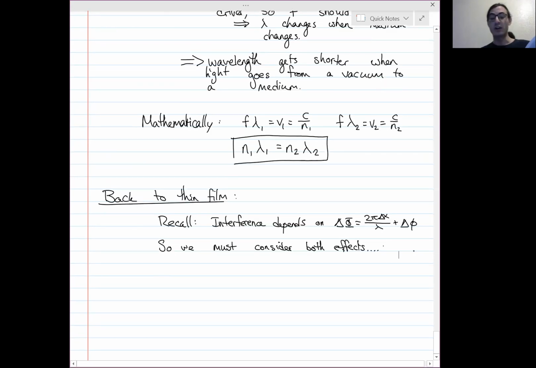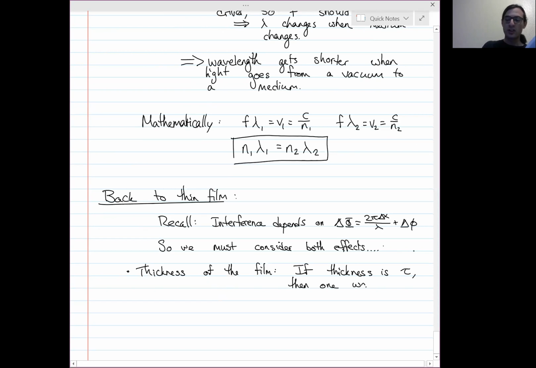But there's another subtlety here. The thickness of the film plays a role. So if the thickness is tau, Greek letter for t, then one wave travels 2 tau further than the other.